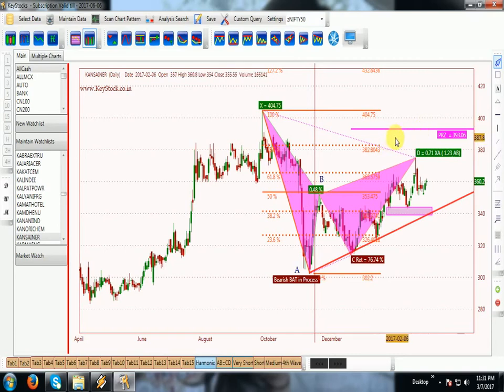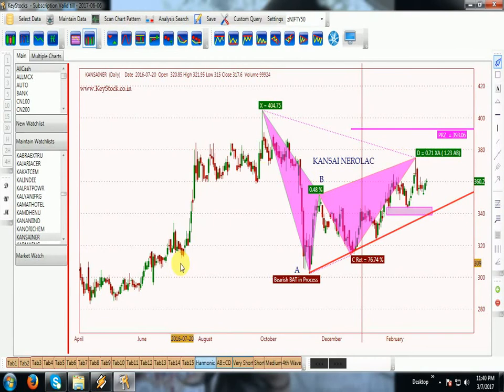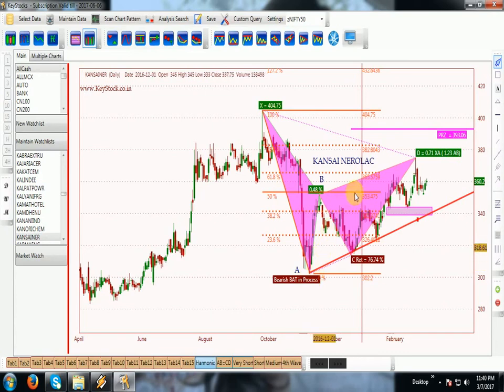If you are not keen on this harmonic pattern strategy, just plot the retracement. In order to find more targets for this stock, you just join the XA by Fibonacci retracement and get the new targets like this. From the harmonic pattern we have plotted the first target as 393.